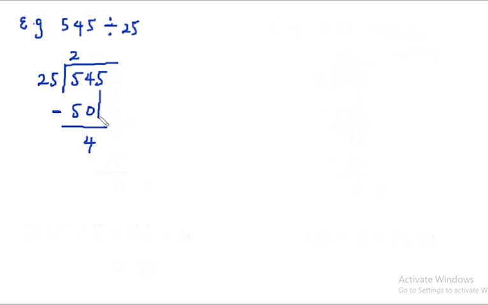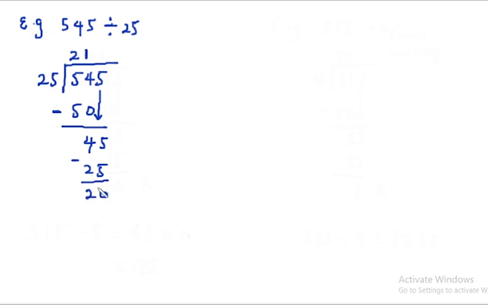Next step would be to drop down this number. So we have 5 here. So we ask ourselves the question again. How many times does 25 go into the first number here, 4? 0 times. So we have to pick the first two numbers. How many times does 25 go into 45? Once. 1 times 25 here is 25. Next step is to subtract. 5 minus 5 is 0. 4 minus 2 is 2.